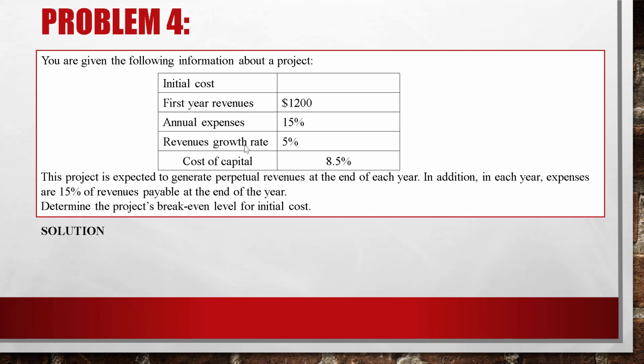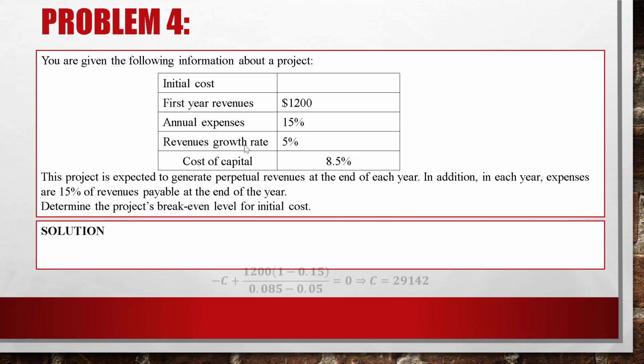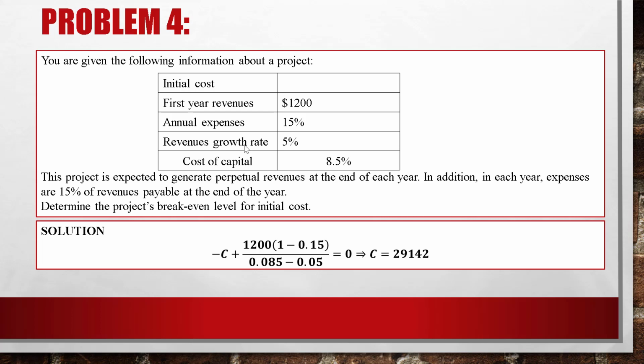So again, in order to determine the project break-even level for initial costs, we have to write out the NPV and then set the NPV equal to 0 and solve for the initial cost. Here I'm going to call the initial cost C. So I have minus C plus 200 times 1 minus 0.15 over 0.085 minus 0.05 is equal to 0.